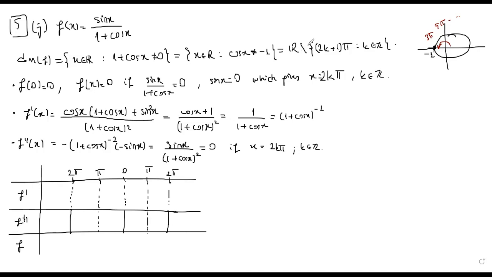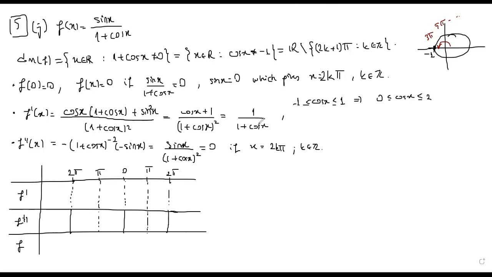Now, what's the sign of f prime? First, we need to find that. So you see, we have 1 over 1 plus cosine x. We know cosine x is in between 1 and minus 1. So if we add 1 there, we will have between 0 and 2.